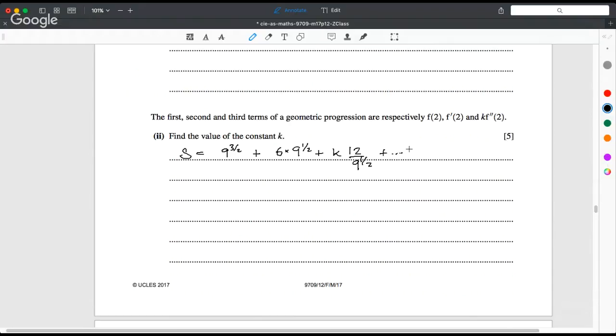And so this is equal to, I'm just going to put it in terms of 3s, 3 cubed plus 6 times 3 plus 12 on 3k, plus and so on.